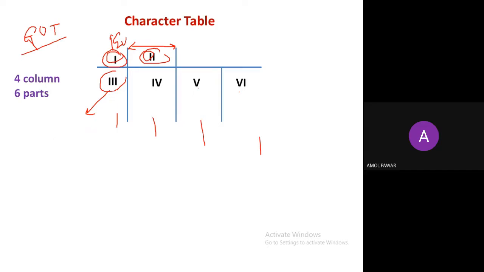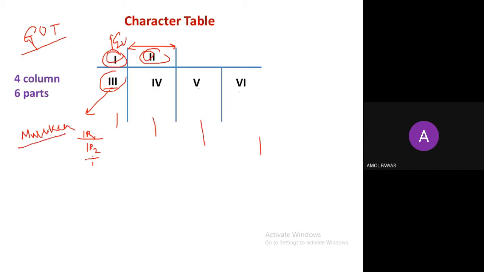But initially we will write IR1, IR2, and so on, where IR is irreducible representation 1, irreducible representation 2, and so on. But these are Mulliken symbols.